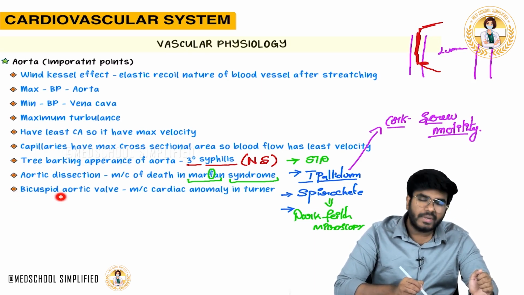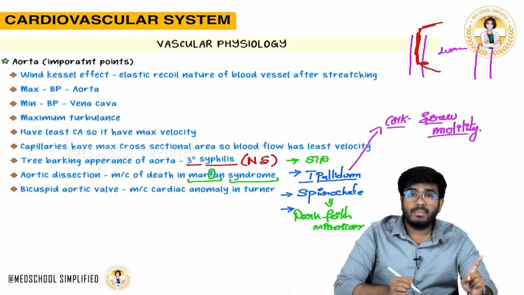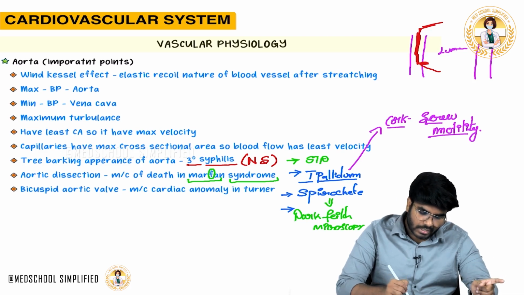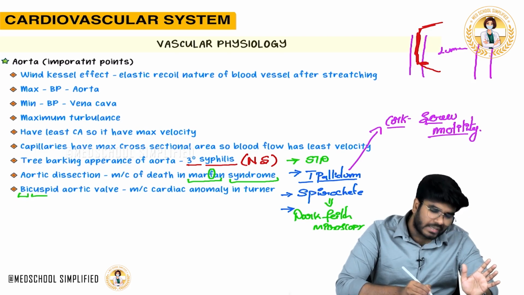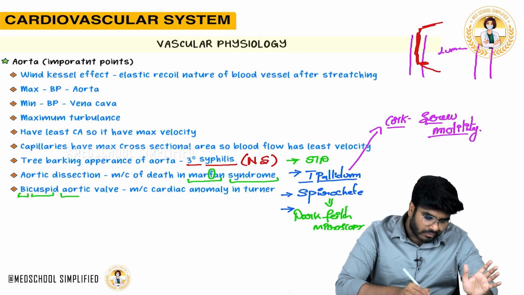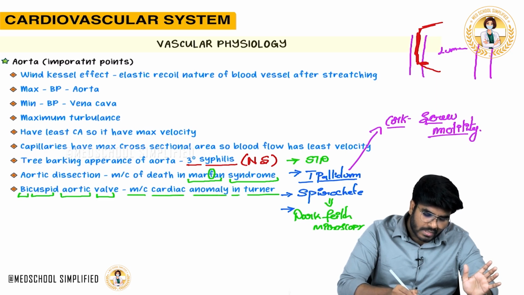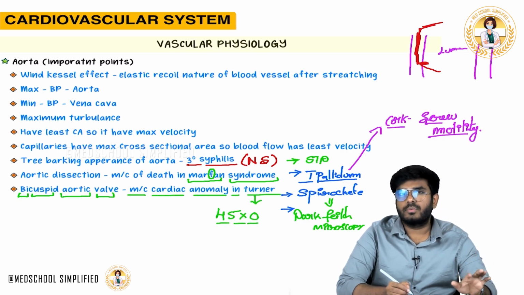And bicuspid aortic valve. Usually the aortic valves are semilunar valves. They are going to have 3 cusps, but if they only have 2, that is called a bicuspid aortic valve. Bicuspid aortic valve is the most common cardiac anomaly in Turner syndrome. See, in Turner syndrome what is the problem? The female has 45X0, meaning one X chromosome is missing.